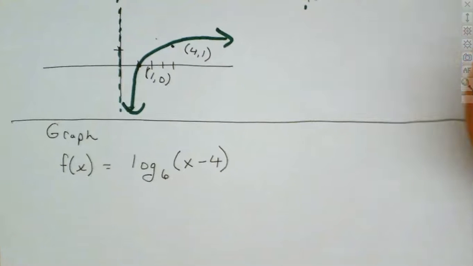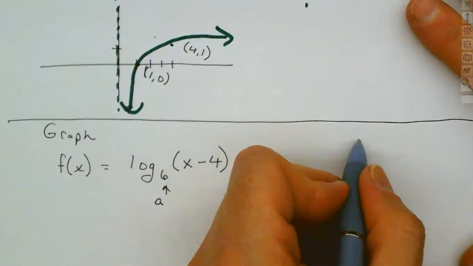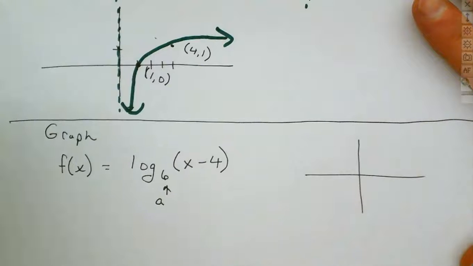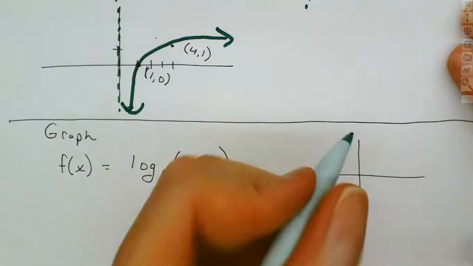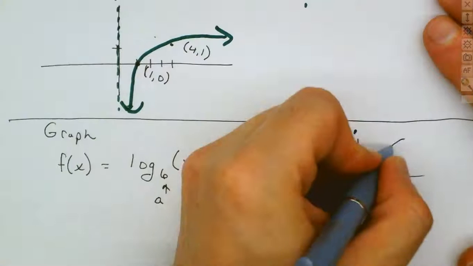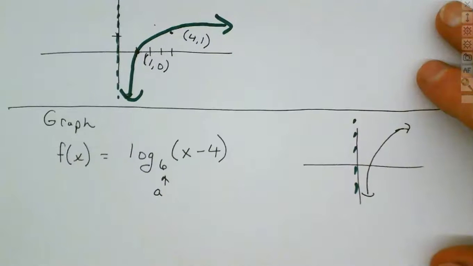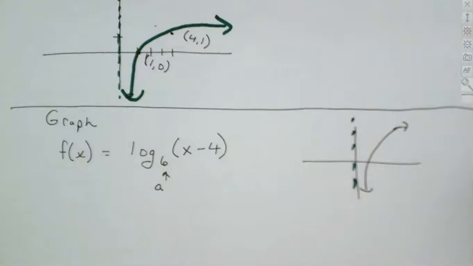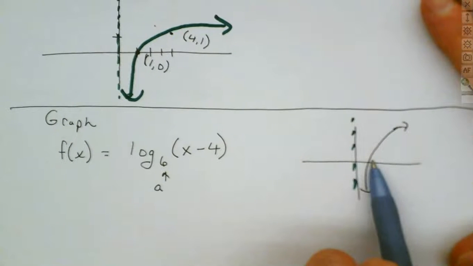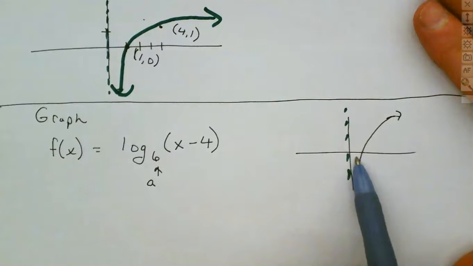So again, my base is the 6. So a basic picture would look like this again, just like the last one. Right? It's going to look similar to that. It should be curved more down, but it's okay. It resembles this. Remember, I always like to do a quick sketch over to the side. This is just a quick sketch, so I know it looks like that in a way.